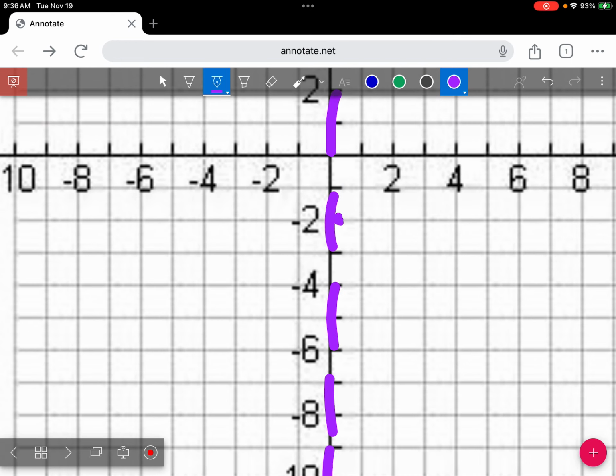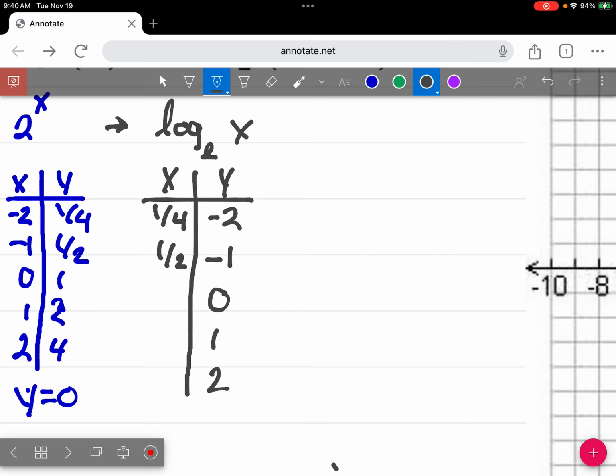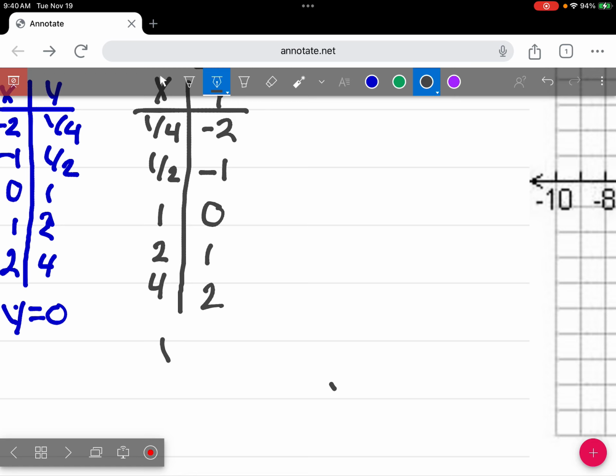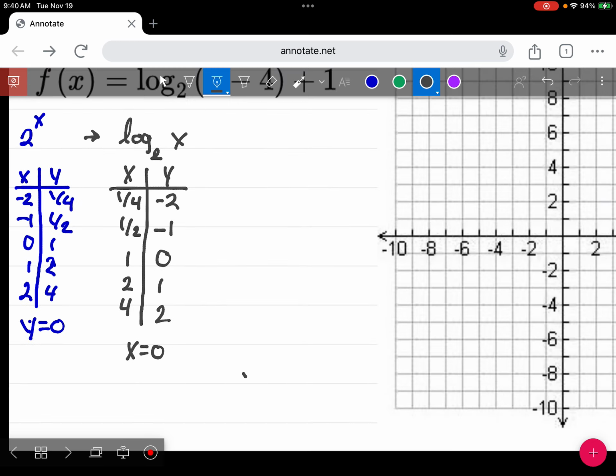Log base 2, I've got these switched. So my y's are my -2, -1, 0, 1, and 2. And my x's are what used to be my y's, my 1/4, 1/2, 1, 2, and 4. And we'd have our asymptote at x equals 0.